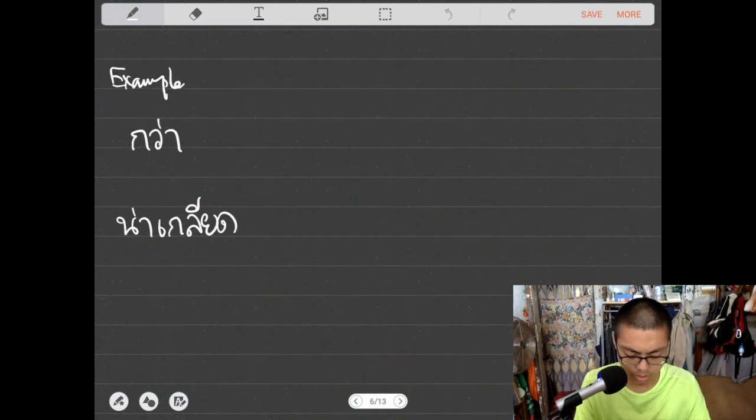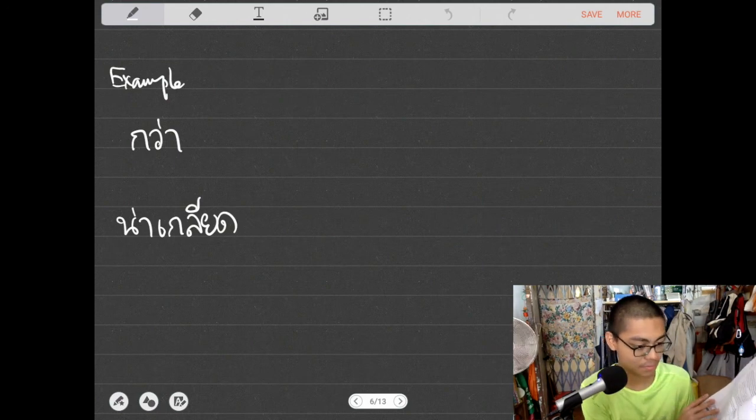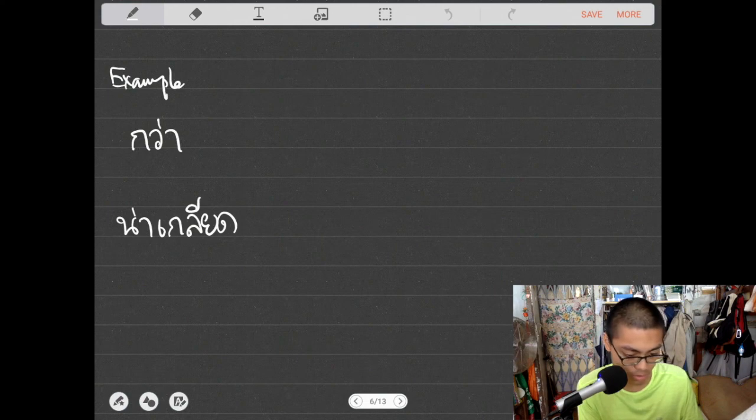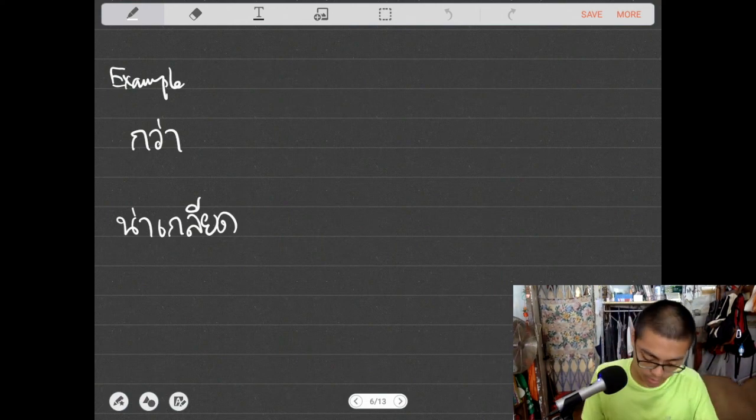So let's look at some examples. The first word is 寡. Yeah, the first word is 寡.